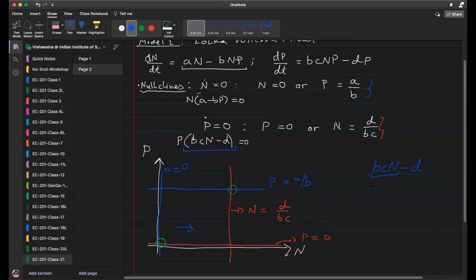This term will be less than BC times D by BC. BC cancels. Therefore, this term will be less than D. So the first term here is less than D. The second term is D. Therefore, this entire term will be negative in this region. Do all of you see that?